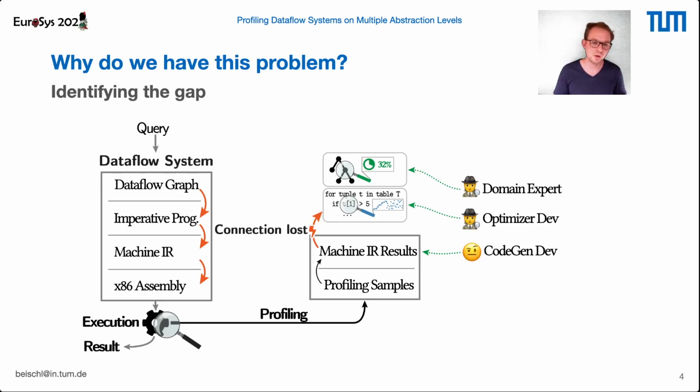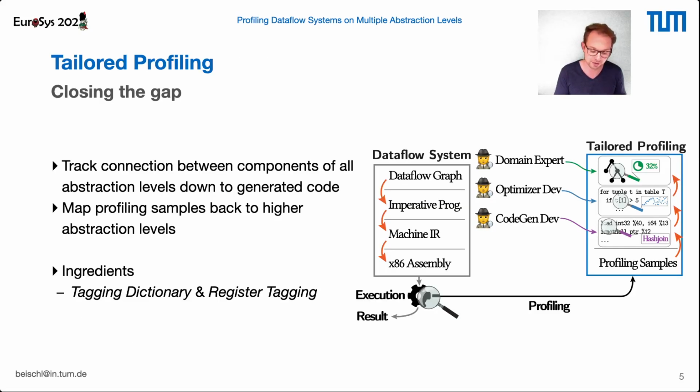Now, to get comprehensible profiling results again, we need to re-establish the connection between our dataflow system's components and the generated code. And now, inspired by the way debuggers attach debug information to map instruction pointers back to lines of code, we developed tailored profiling to solve this. Tailored profiling re-establishes the connection between the generated code and the dataflow system by tracking the connection between the components of the different levels of our dataflow graph down to the generated code of our dataflow system and preserving this information of the lowering process.